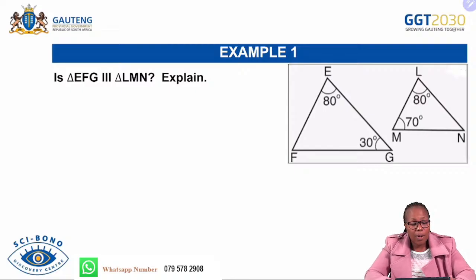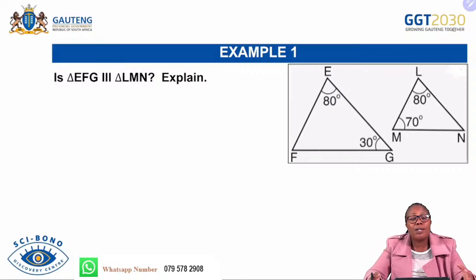Now example 1. Is triangle EFG similar to triangle LMN? And explain. Remember, the condition of similarity is that either the triangles are equiangular or the corresponding sides are in proportion. And in this case, we are given the angles.